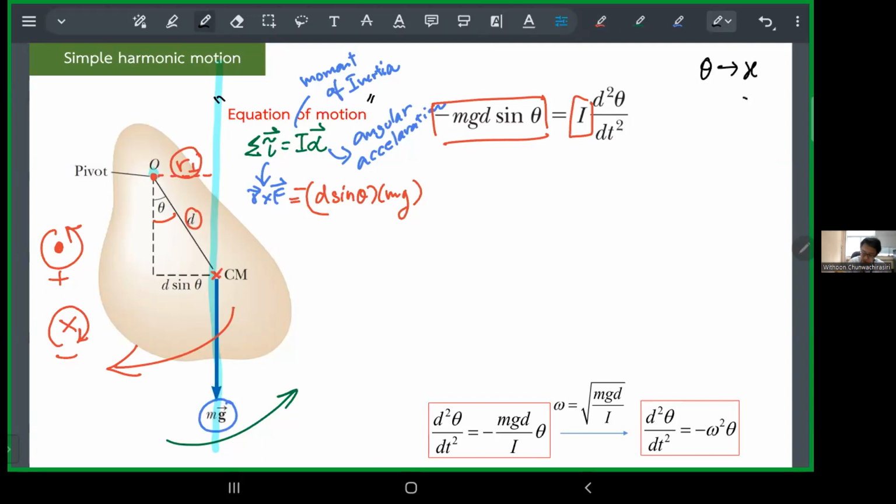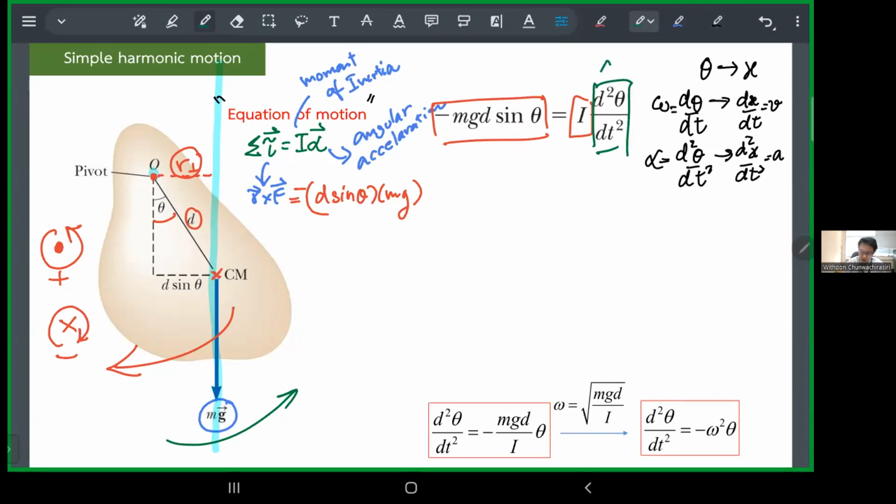The velocity you got from dx by dt, so you get d theta by dt to be the angular velocity, omega. If you do the second derivative of x, you get acceleration A. The same thing happens to theta, and you get the angular acceleration. So this term right here is just your alpha, the second derivative of theta with respect to time.